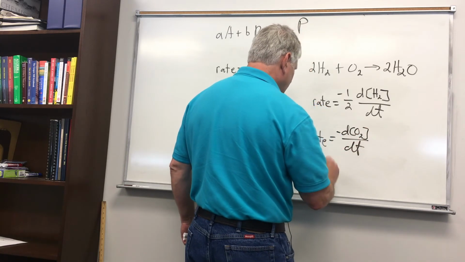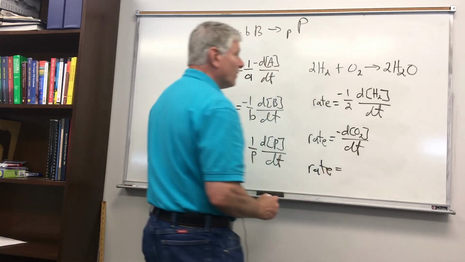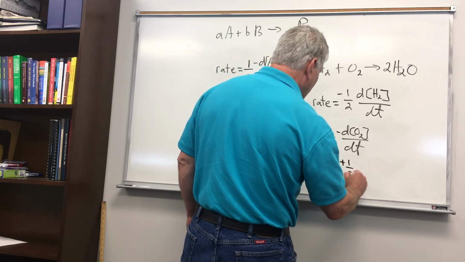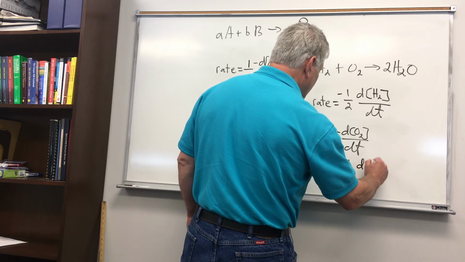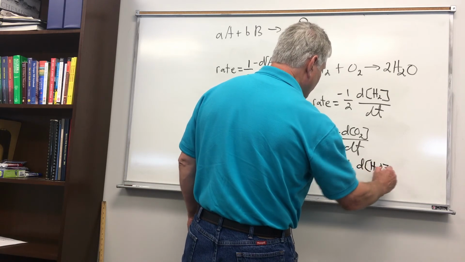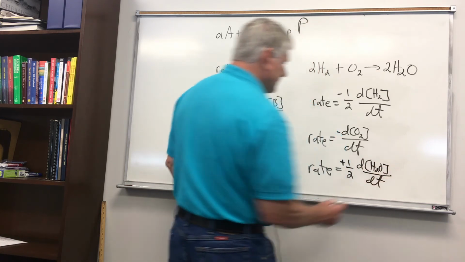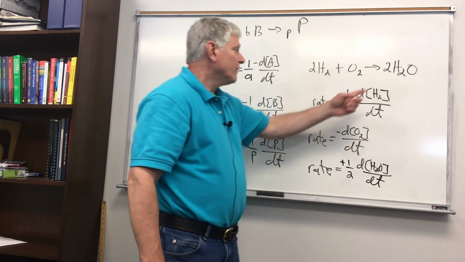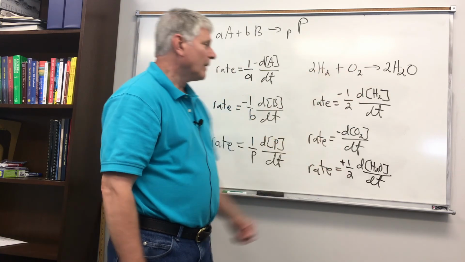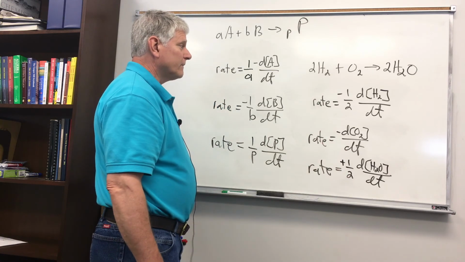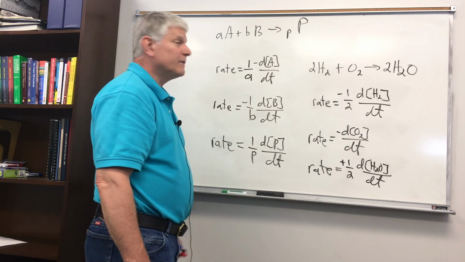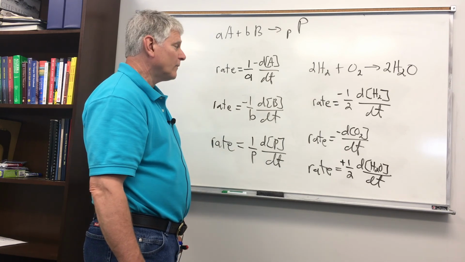And then the rate for water would be positive 1/2 the derivative of the concentration of water with respect to time. So I'll just divide through by the stoichiometric coefficient to reference the rate. So now these rates are all the same no matter which species in the reaction I reference it to.